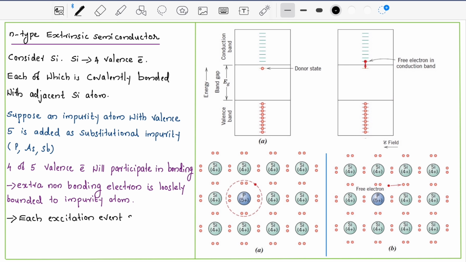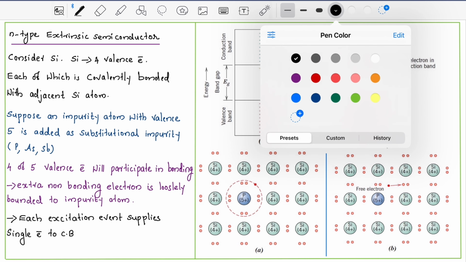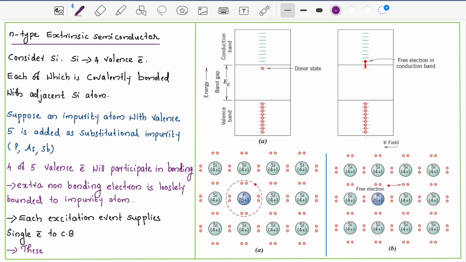Whenever there is an excitation, each excitation event supplies a single electron from the donor state into the conduction band. Therefore, these kinds of impurity atoms are called donor impurities because they can donate electrons to the conduction band.